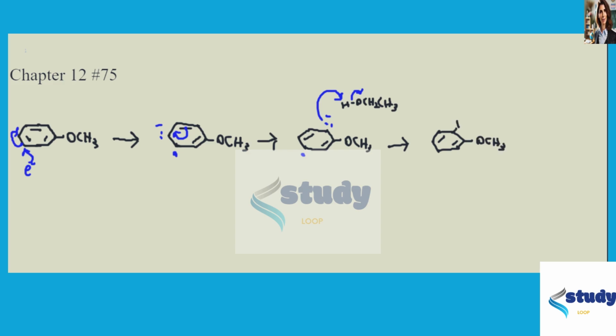Okay, and so we can just draw the hydrogen there. Okay, and so we still have a radical here. And what's going to happen next is another solvated electron is going to come and add there as well. And so this is going to make a full lone pair on that carbon now.